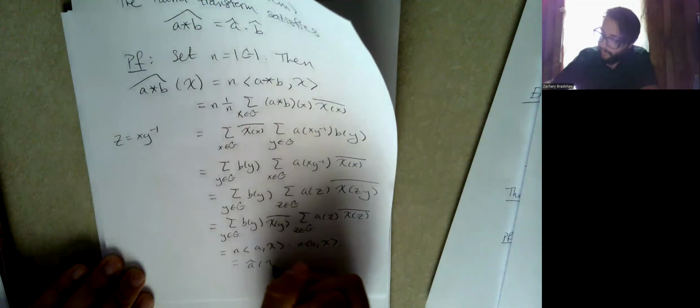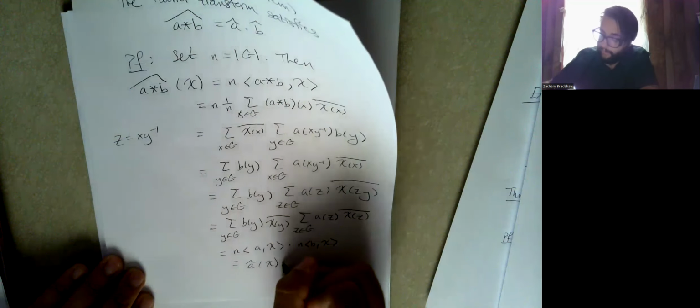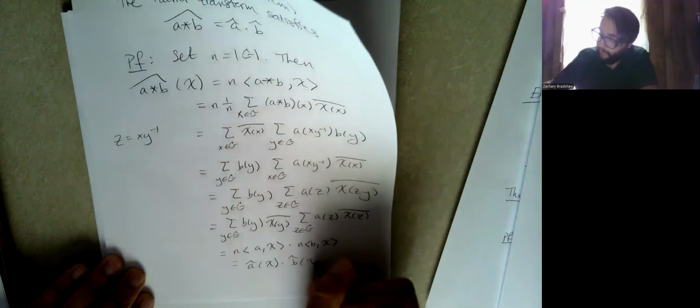That's just the Fourier transform of a applied to chi times the Fourier transform of b applied to chi. In other words, the Fourier transform of a convolution is the product of the Fourier transforms. So that proves our convolution theorem.